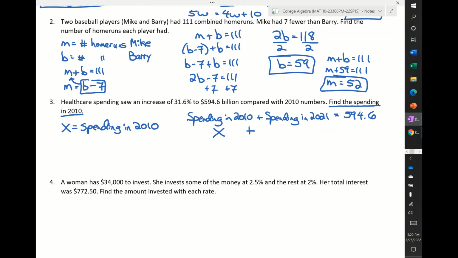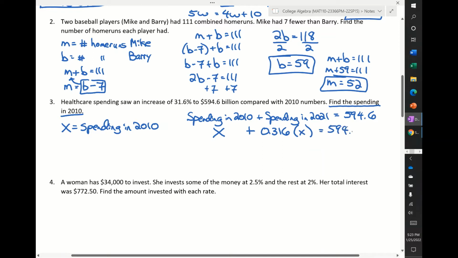So 31.6 as a percent would be 0.316. And that's more than X. So that 0.316, that's an increase of 31.6% of whatever X is.